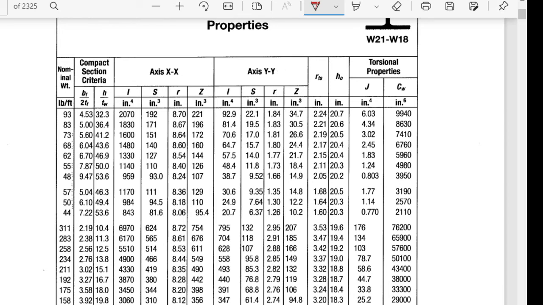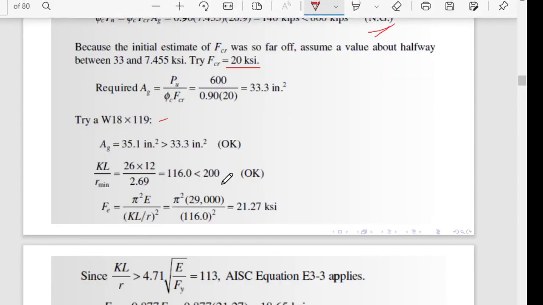The radius of gyration minimum is 2.69, no? Yes, 2.69, this one. Compute, still less than 200, so okay.